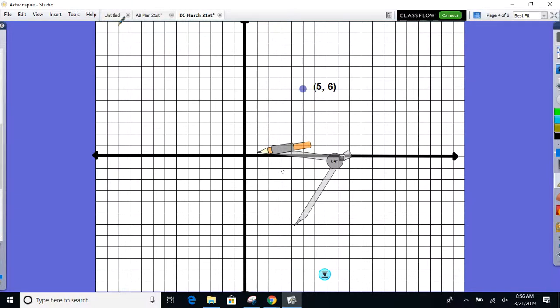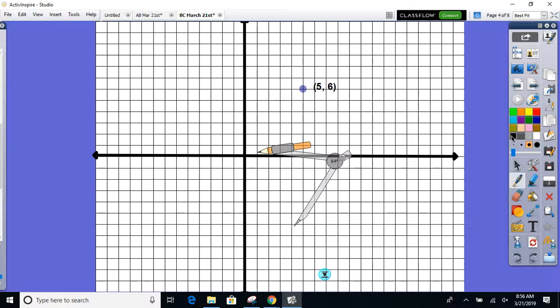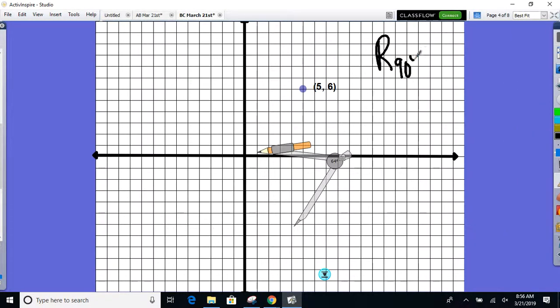Go ahead and graph 5, 6 for me. Before we do this, using our compass, I want to show you what's going to be happening. I'd like you to now take 5, 6 and please rotate it 90 degrees and plot that point. Rotate it 90 degrees and plot that point.